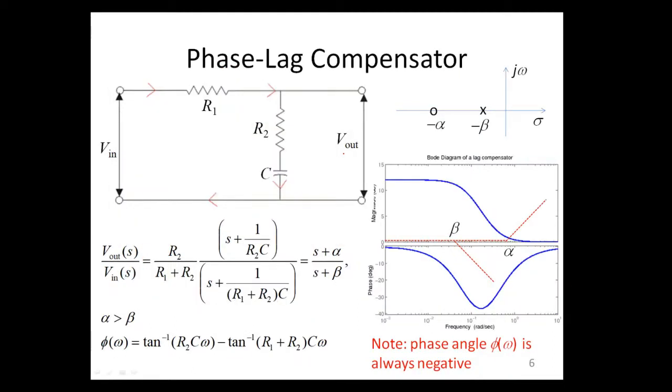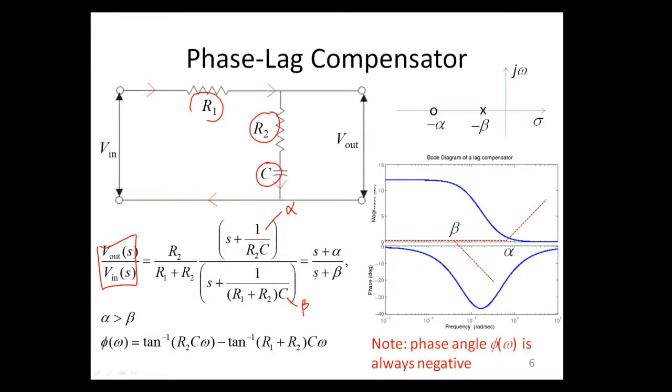For phase lag compensators, the hardware realization could also be achieved through the use of RC filters. In this case, we are using two resistors R1 and R2 plus a capacitor with the capacitance of C, and the transfer function derivation is clearly shown over here, such that we can assume that alpha is equal to 1 over R2C and beta is equal to 1 over R1 plus R2 times C. Just take note that this alpha and beta will have different values from those in the phase lead compensator.